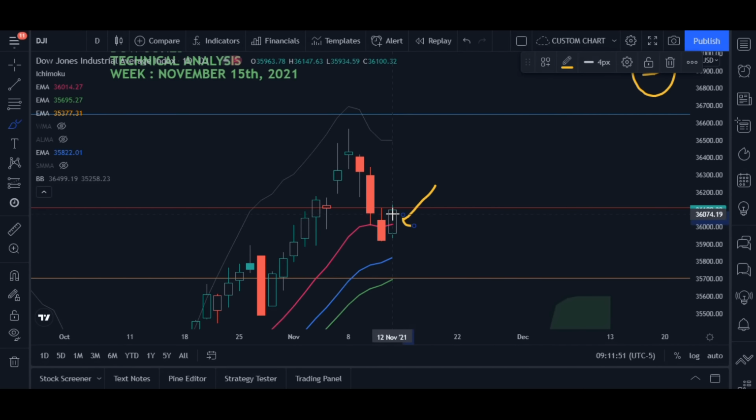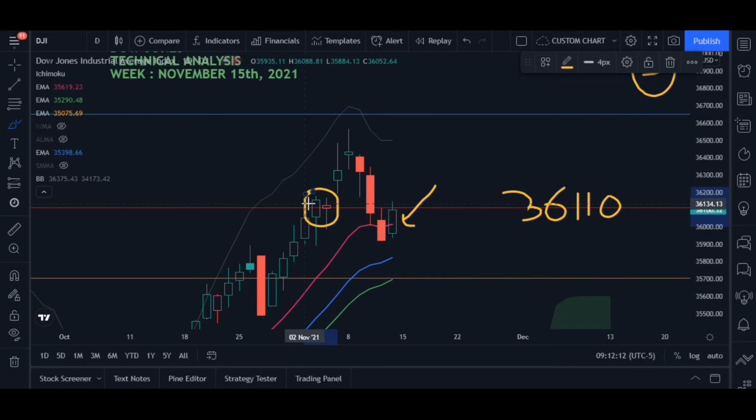But if you see the closing of the candle, then the closing of the candle was below this resistance. This resistance is at 36,110. So it is on the margin line.